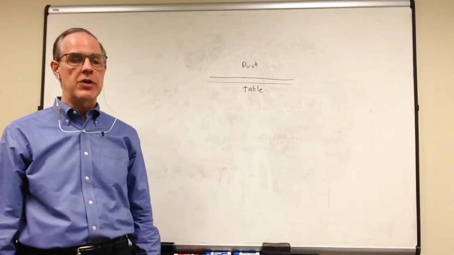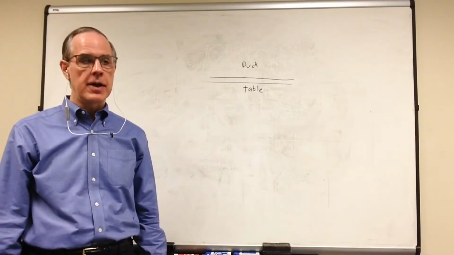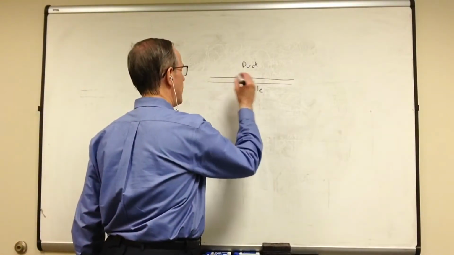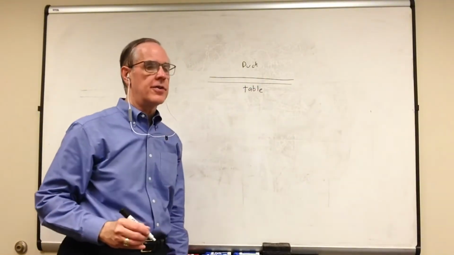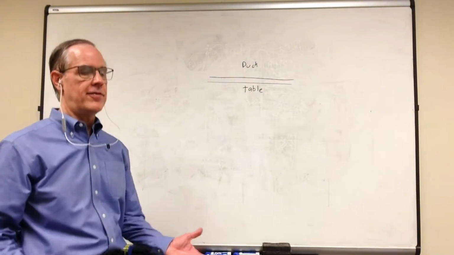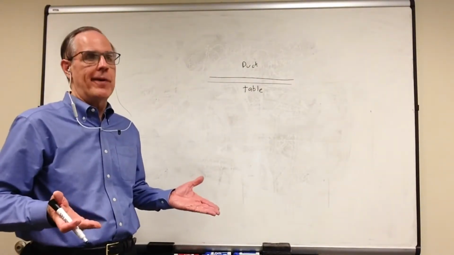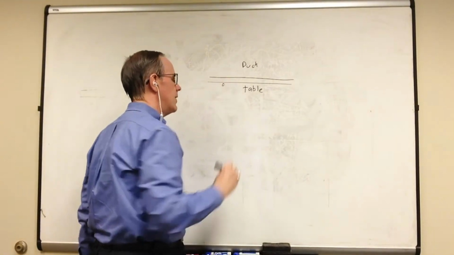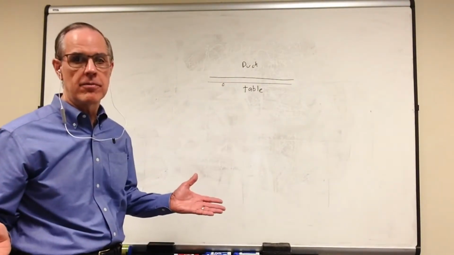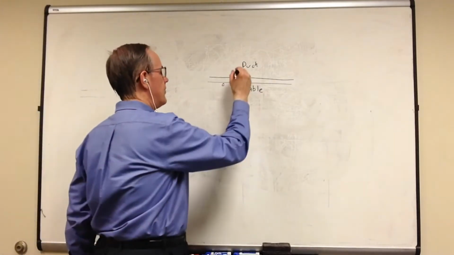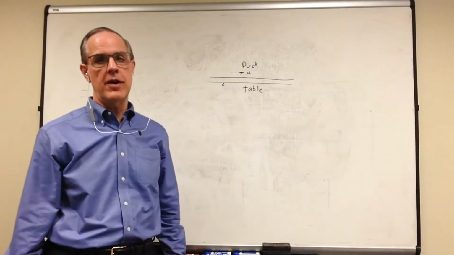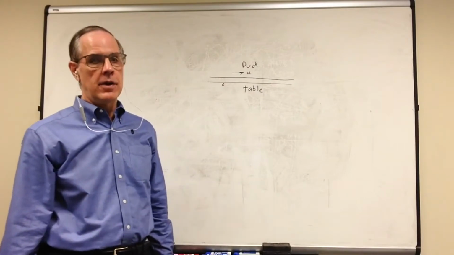Because the fluid is moving, and because it has the property of viscosity, first of all, boundary layer theory tells us that, ignoring the effects of the blowing air upward, the velocity here is zero because the table is stationary. The velocity here is u, which is a CFD convention I will explain later.